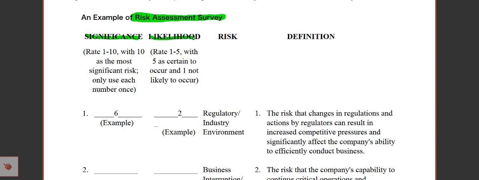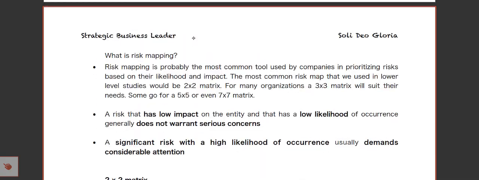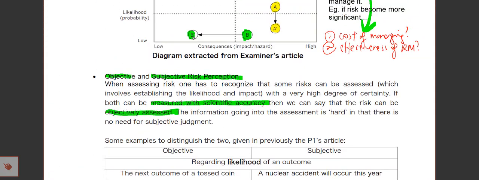Now, it's important that the risk assessment survey is done with the right group of people, because if you ask people who don't know much, who are not well informed, they will give you their response through a wild guess, and a wild guess will never be objective. Okay, so objective assessment requires knowledge. But that is an example of how we carry out a risk assessment survey.